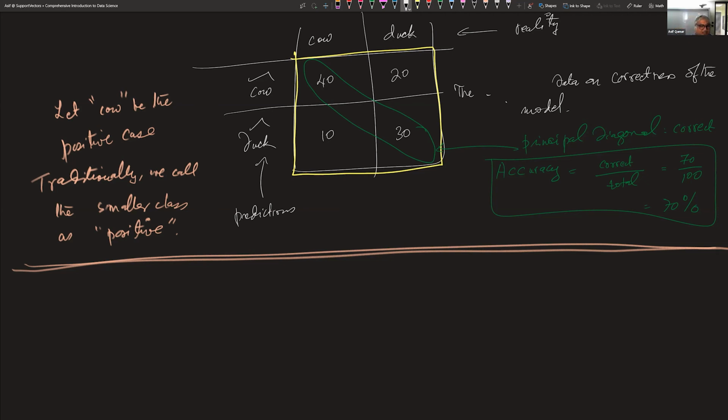Now look at this. If cow is the positive case, some cows were marked as ducks. So what does it mean? Some cows were missed, isn't it? This child missed identifying some cows, and instead identified them as a duck. So these would be misses.